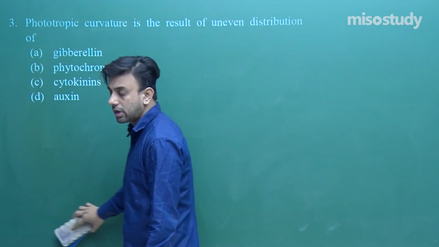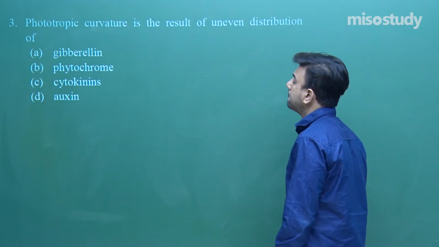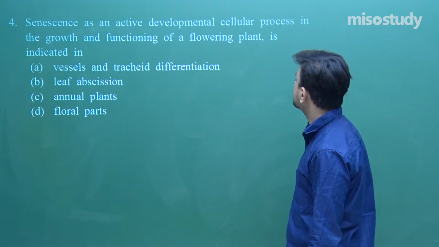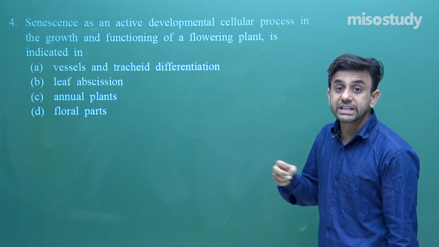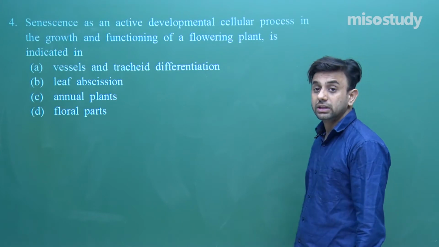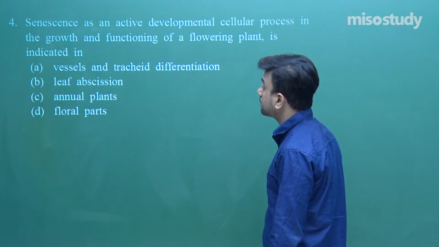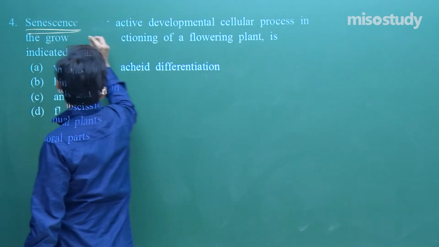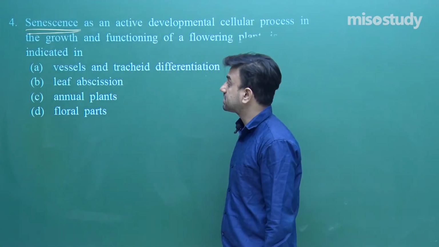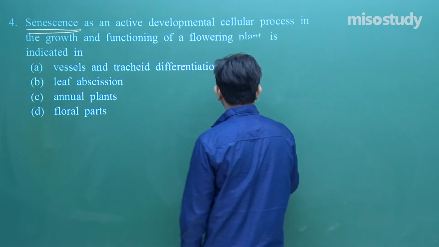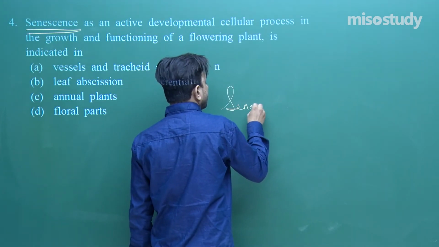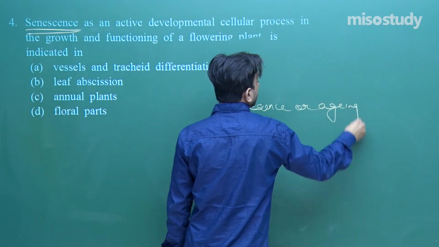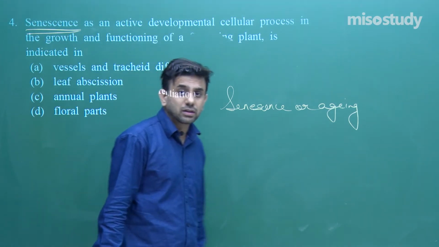Okay, let us move on to the next question. Senescence or aging as an active developmental cellular process. It is an organized deterioration process in the growth and functioning of a flowering plant, is indicated in, right. They say it's senescence or aging. Some call it programmed cell death, right?